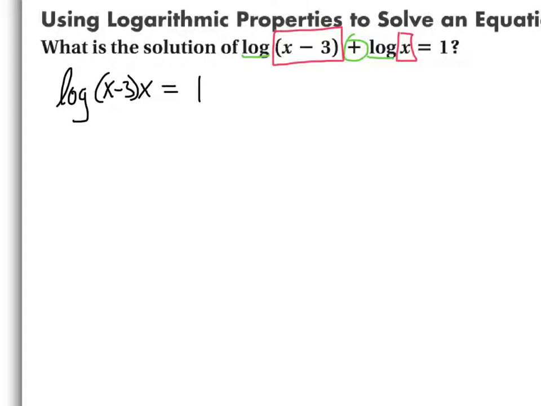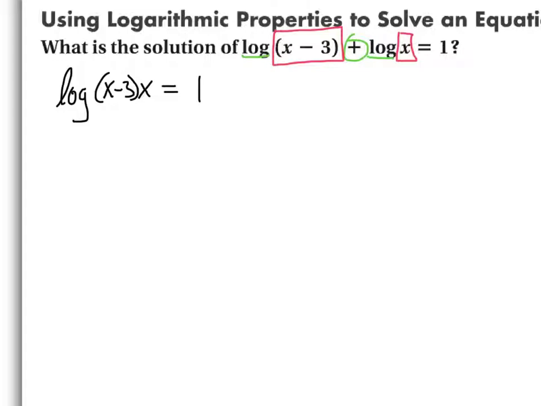Well, yesterday we learned a $1 million word for what we're going to do next. Exponentiate. We want to exponentiate both sides. What are we going to use for our base? 10. Why? Because that's the base of our log already. If the base of our log was 2, we would use the number 2.